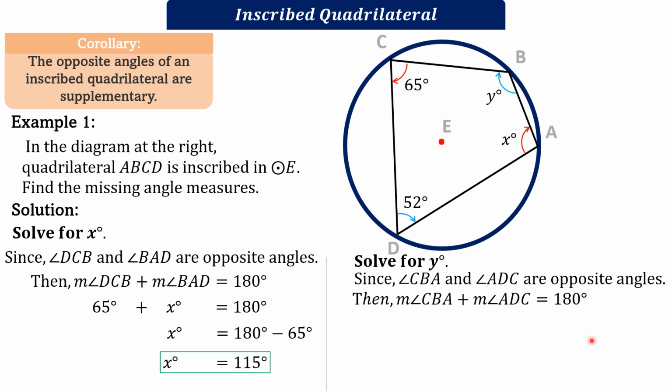Substituting the given values, the measure of angle CBA is y and the measure of angle ADC is 52, equals 180 degrees. Applying additive inverse, y is equal to 180 degrees minus 52 degrees, that is, y is equal to 128.